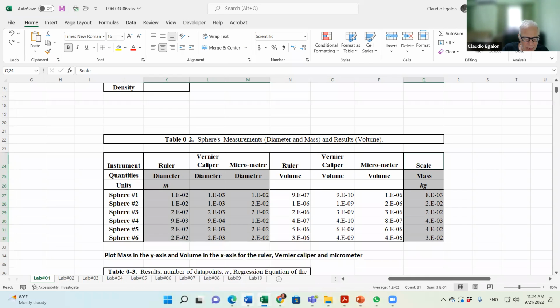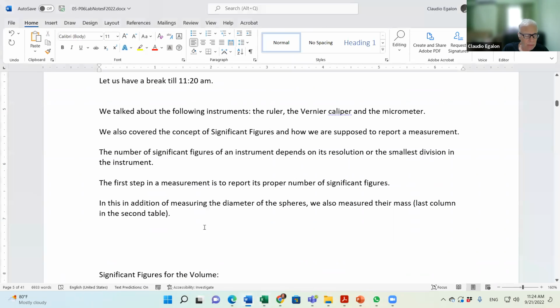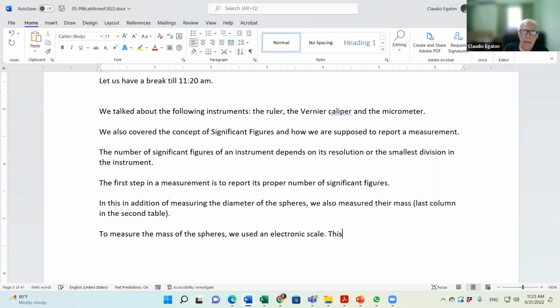To measure the mass of the spheres, we used an electronic scale. And you have to know the resolution of the electronic scale.